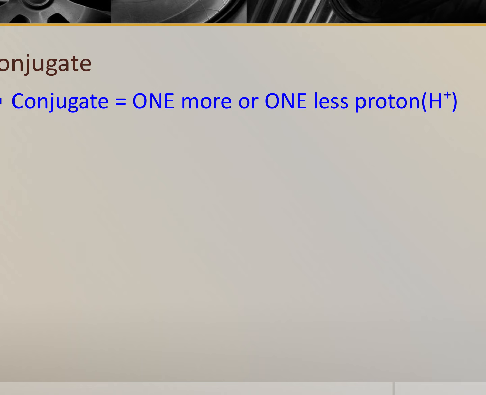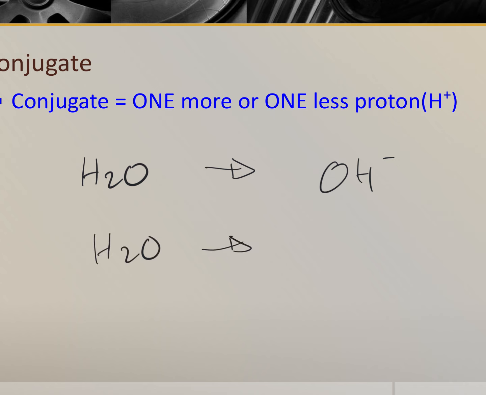The word conjugate just means the version of the same substance before and after. And the only change is before it has one more hydrogen or before it has one less hydrogen. So water is H2O. Afterward, it could be OH, which has one less H, or it could be H3O plus.